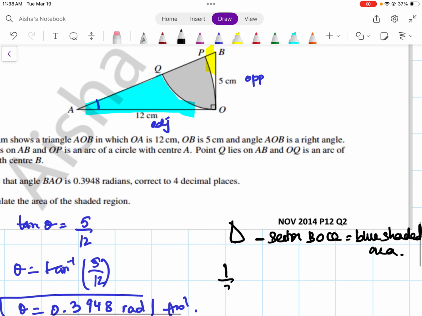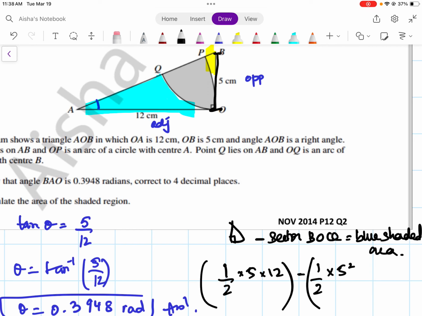Triangle is half into 5 into 12 minus half r squared theta. The radius for this one is 5. What about the theta value? This is 0.3948 plus this, which is pi by 2, subtracted from pi, which is 180.